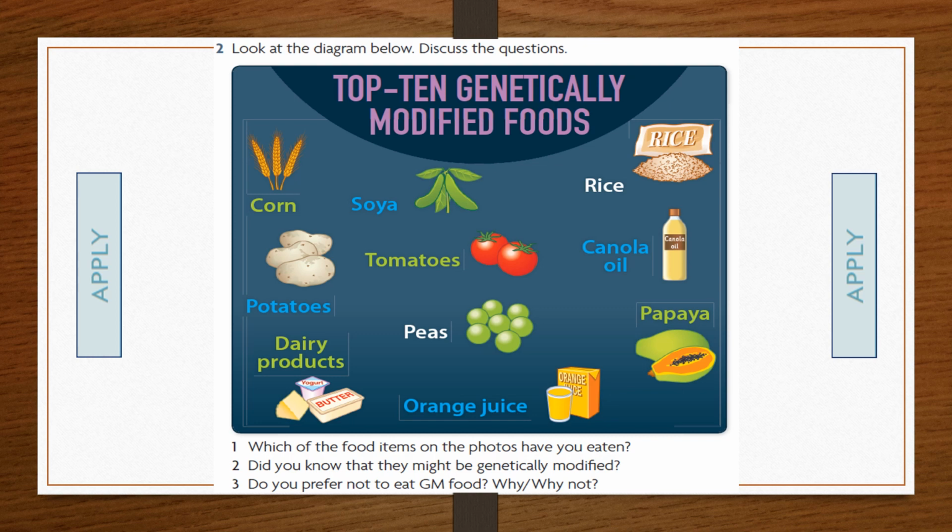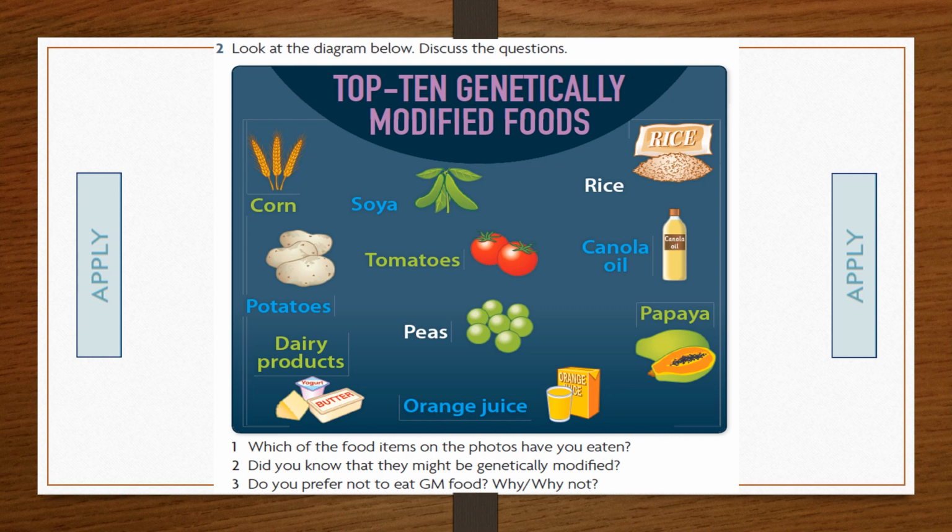One can say, okay, it helps to increase the production, to increase the food, and the good characteristics from one plant are transferred to another plant. A good flavor, for example, good criteria from one plant is added to another plant, so it helps to improve the plants, to improve the crops.